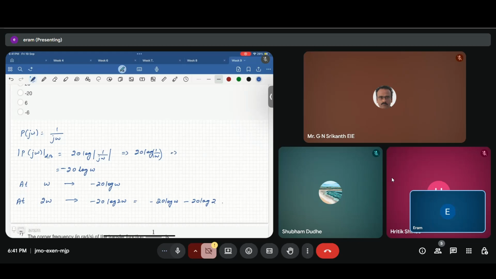Now, using the multiplication and division rule, we can break this 1 by omega as 20 log 1 minus 20 log omega. And what is log 1? It is 0, so we are left with minus 20 log omega.